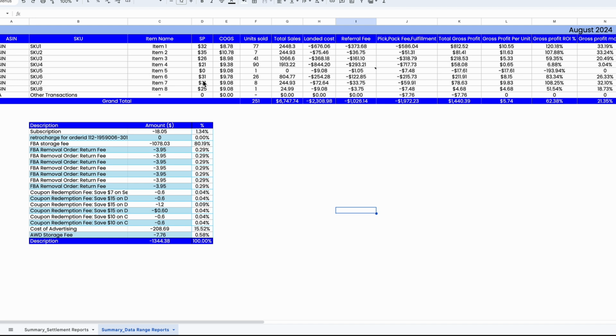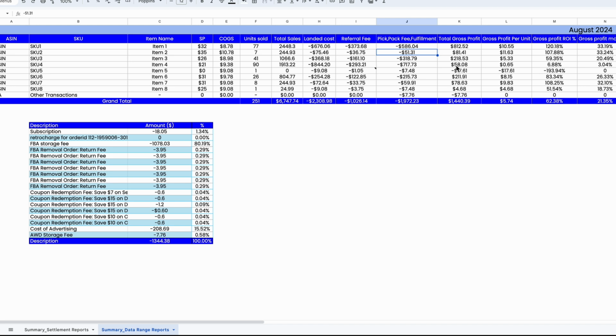I clearly see what is my sale price for each of my SKUs, and then I also get to see what is my COGS, and then how many units I sold in that particular month, what was my revenue, what is my landed cost, followed by referral fee, pick and pack fee, and then gross profit.